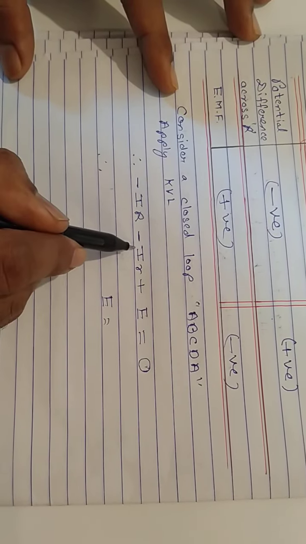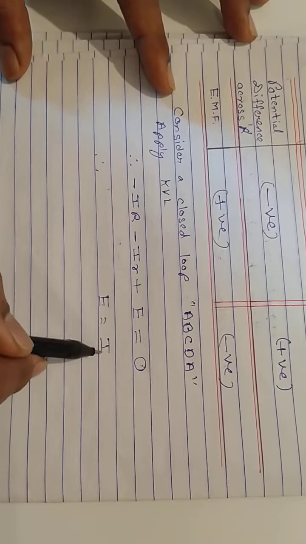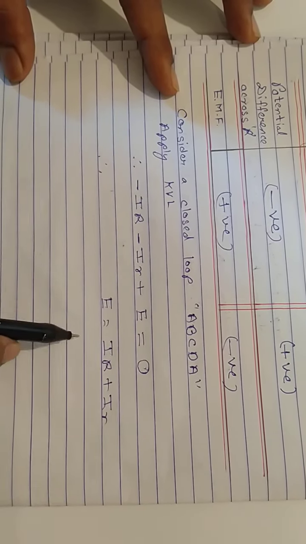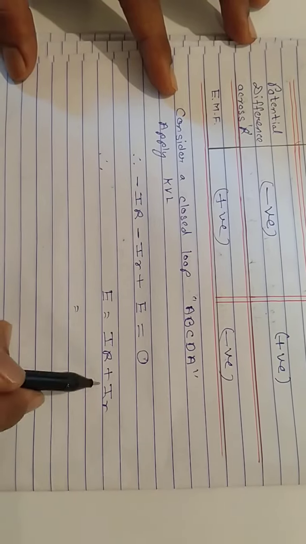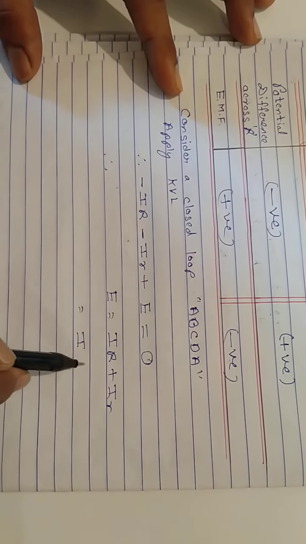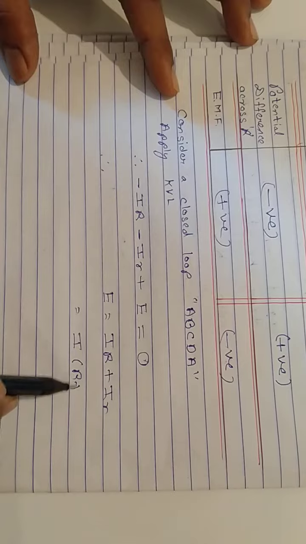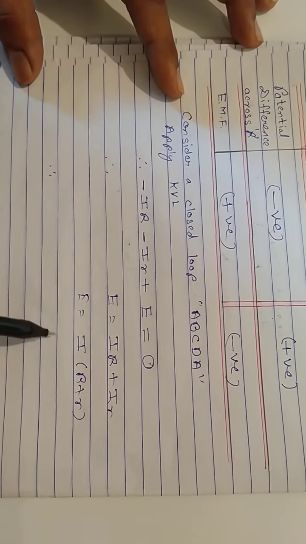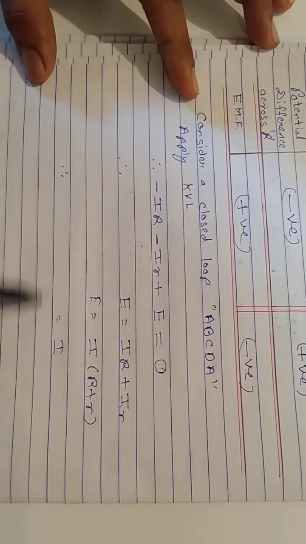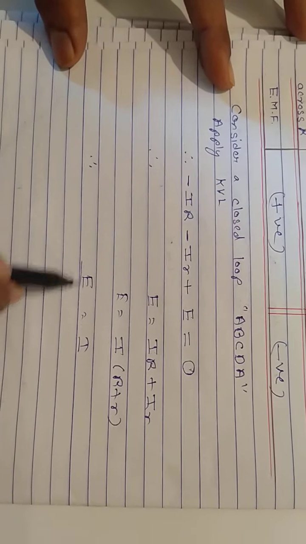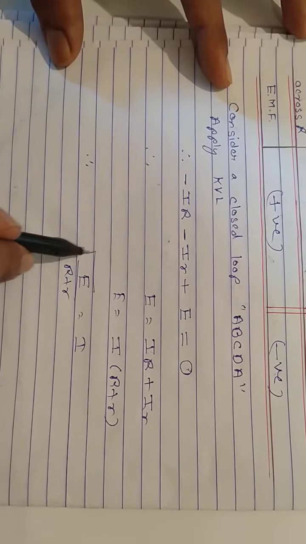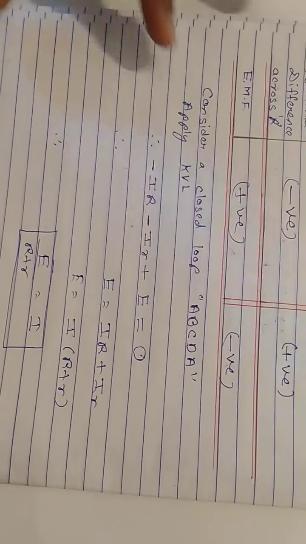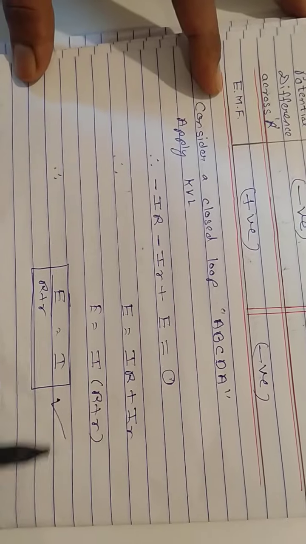Minus IR will go there, become plus IR plus I small r. Or you can take I common from the right hand side. The remaining terms are R plus small r. So what is the derivation for current? I equals E upon R plus small r. Students, using KVL, we derived the expression for current I.